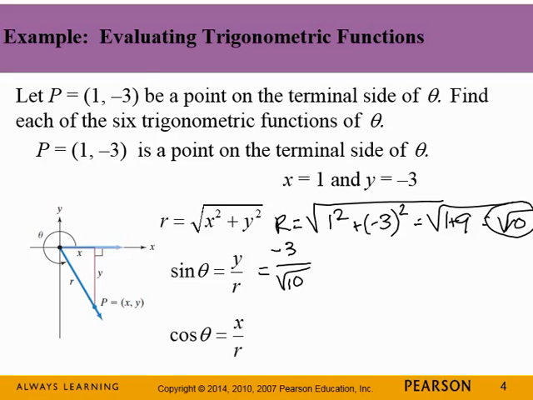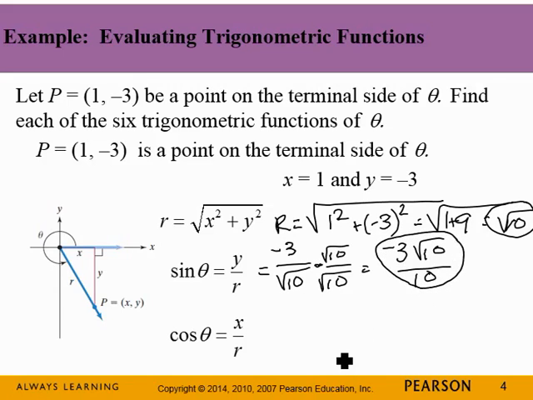We can't leave it in this form because of our rule where you have to multiply both your numerator and denominator by your denominator. So sine is negative 3 square root 10 over 10. You do the same thing with cosine. This time you use x in your numerator, so you have 1 over square root 10.